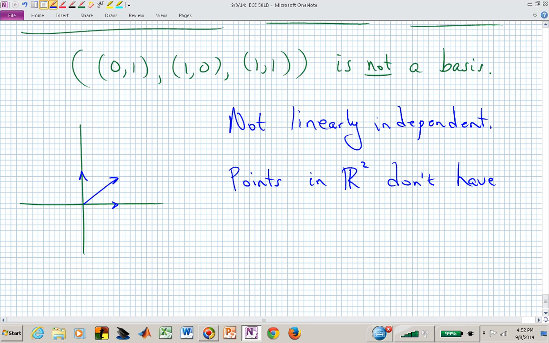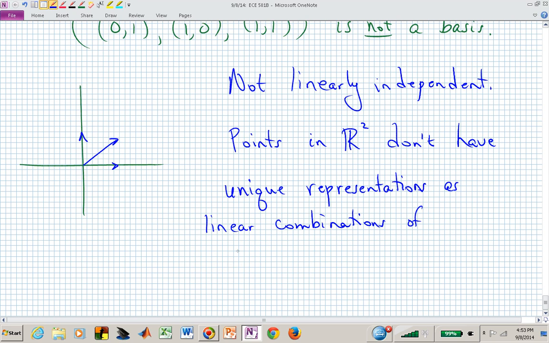Here, points in R2 don't have unique representations as linear combinations of those three vectors, 0, 1, 1, 0, and 1, 1.